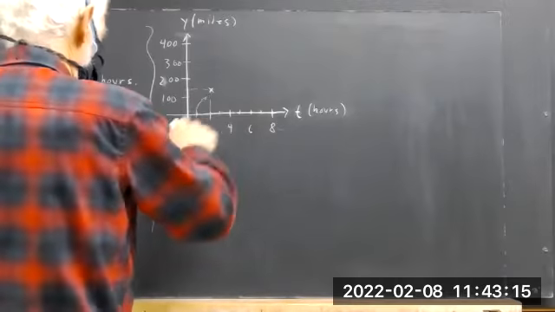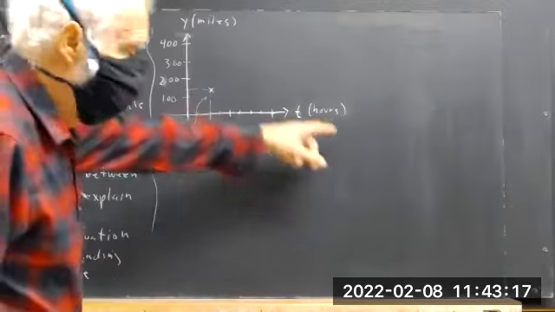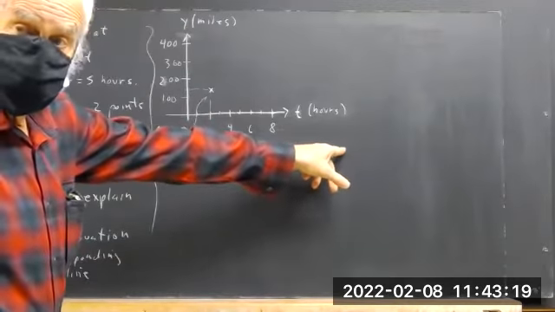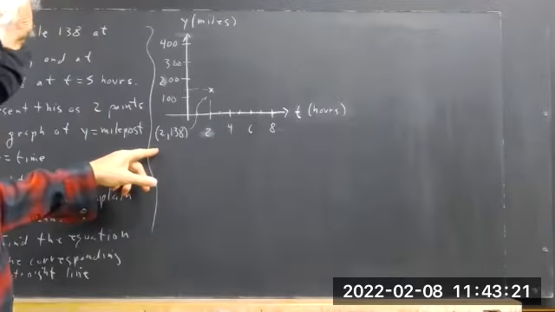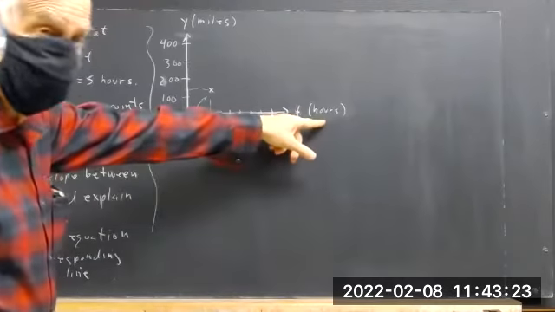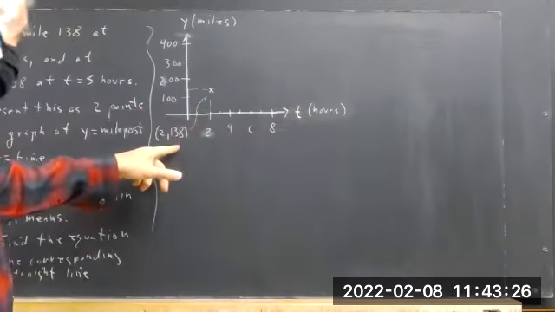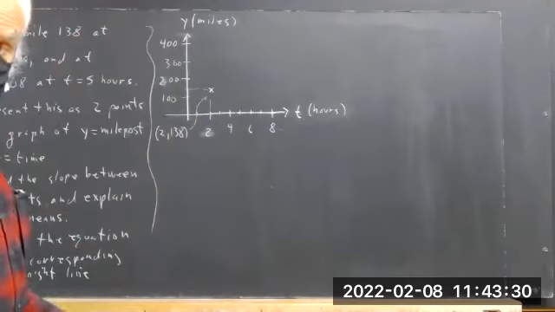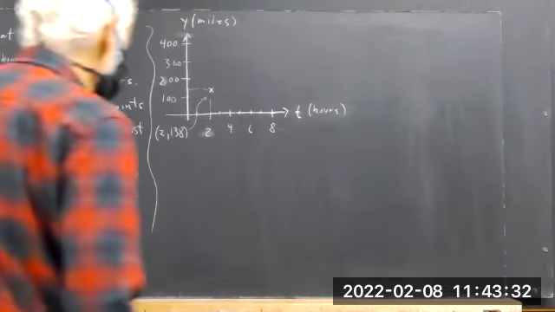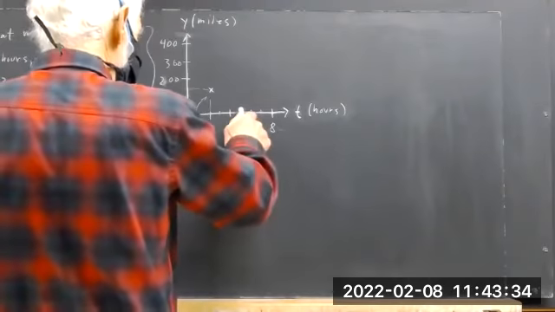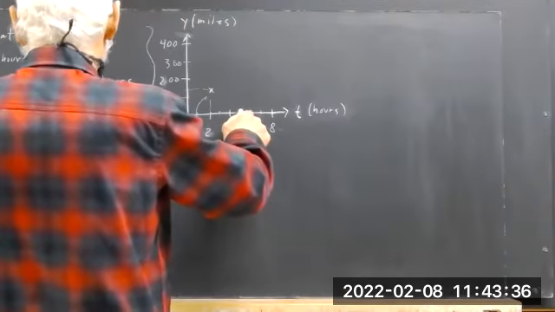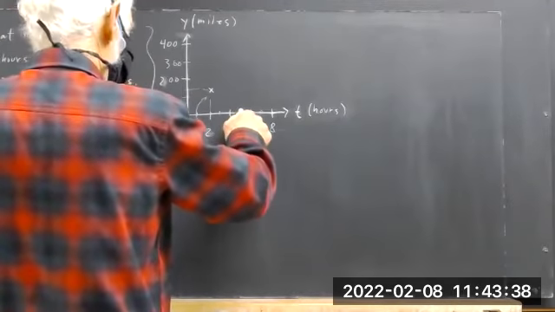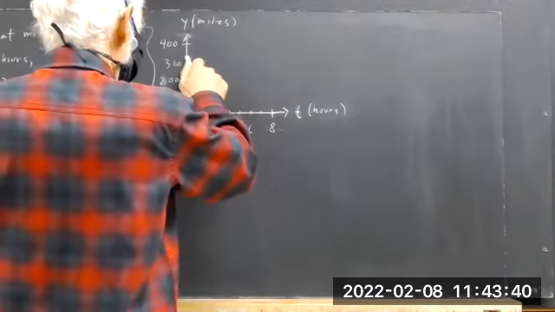I'll just label it with the numbers because I know what units are with the numbers, okay? I know this means 2 hours because it's this coordinate, which is measured in hours. I know this is 138 miles because it's this coordinate and y is scaled in miles, right? So that's the meaning. Okay, well, we got the 5 and we have 308, 5 hours, we went 308 miles.